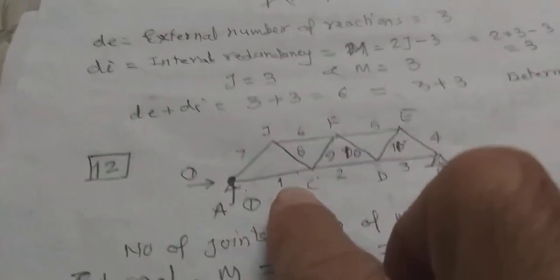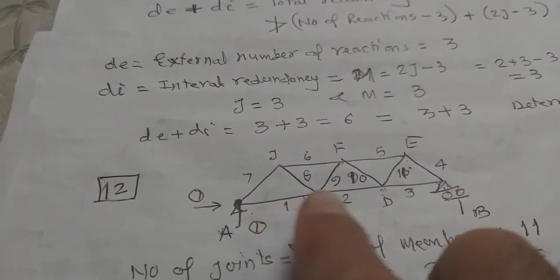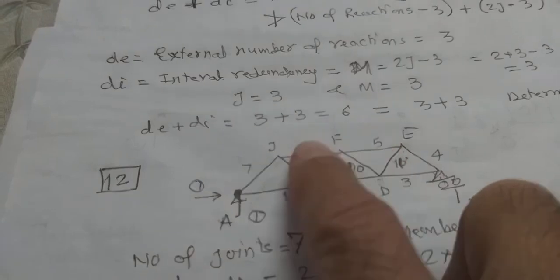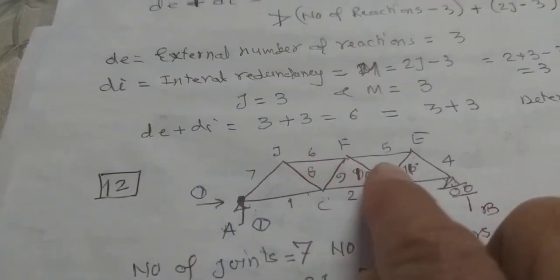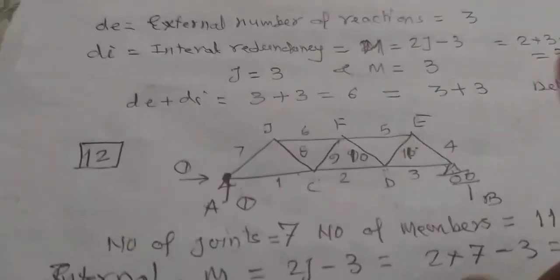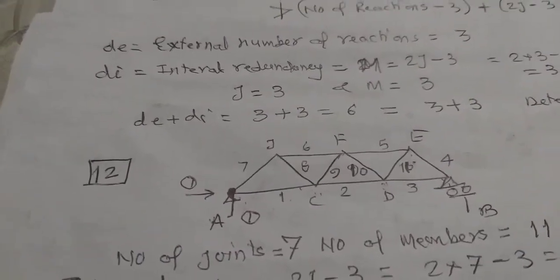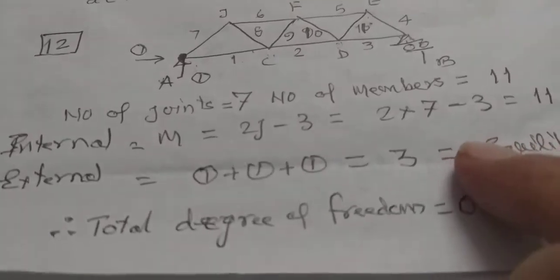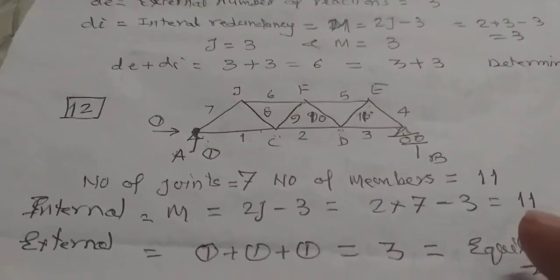And we have the number of members as 1, 2, 3, 4, 5, 6, 7, 8, 9, 10 and 11. That clearly indicates that the number of members is just equal to 2j minus 3. Hence, this is also a determinate structure.